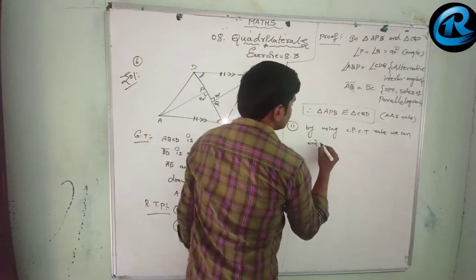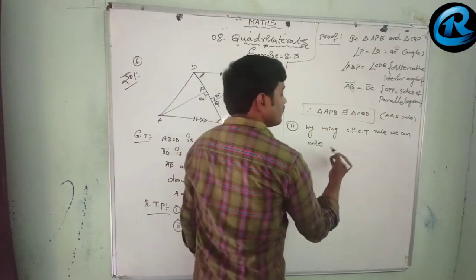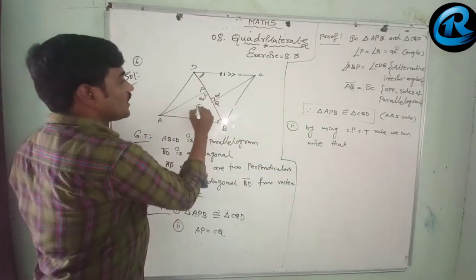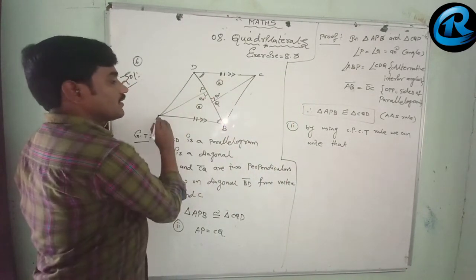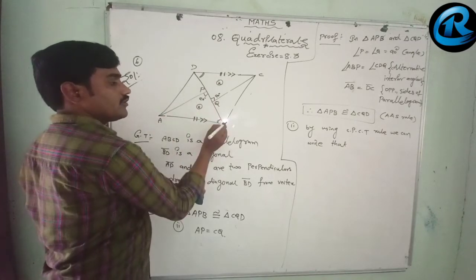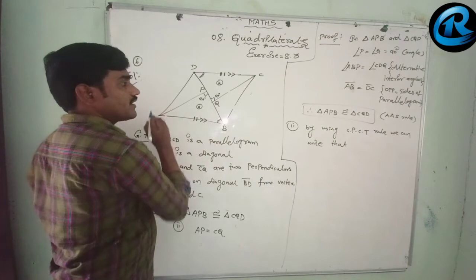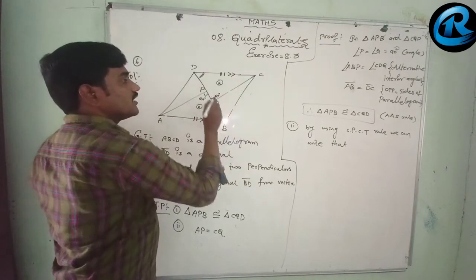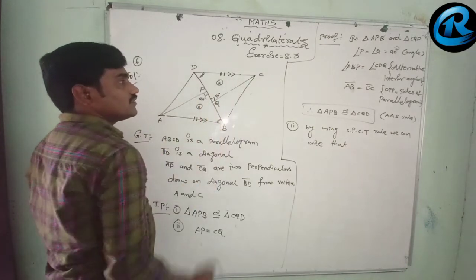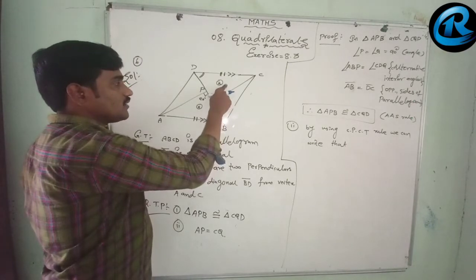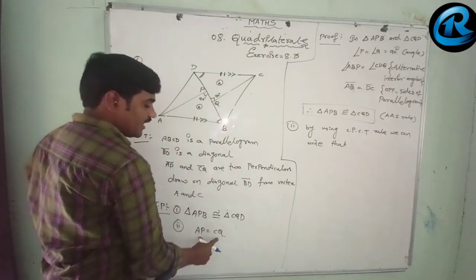What is the meaning of CPCT rule? Corresponding parts of congruent triangles. Already these two triangles are congruent: triangle ABP, A to B, B to P, and P to A, and triangle CDQ. Their corresponding parts will be equal. The corresponding sides we require are AP and CQ.